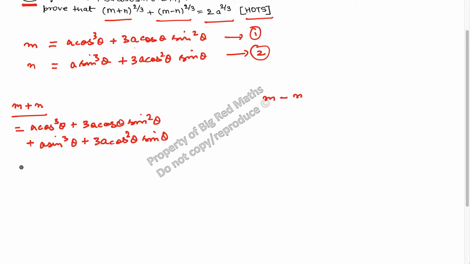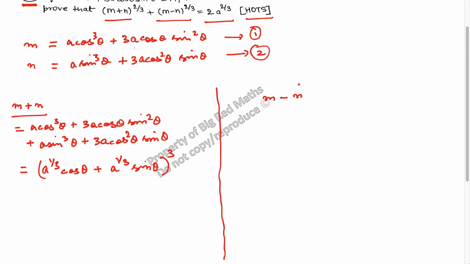And this m plus n is actually (a to the power 1 by 3 cos theta plus a to the power 1 by 3 sine theta) whole cube. Okay, this is the value of m plus n. Let me draw a line here in the center.